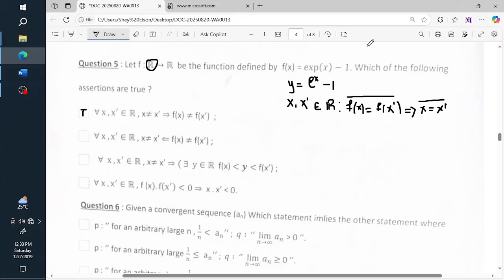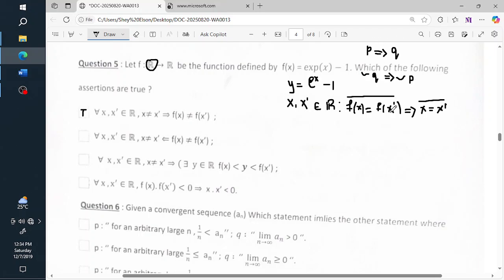So if I have a conditional statement P implies Q, the contrapositive is the statement not Q implies not P, but the two of them are logically equivalent. This statement here is called the contrapositive of this statement.